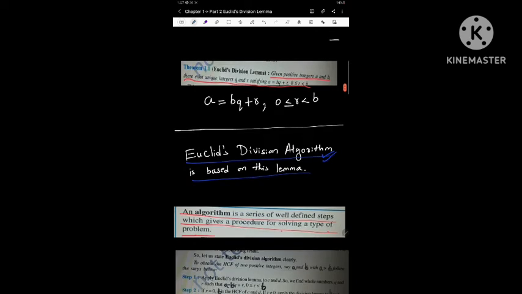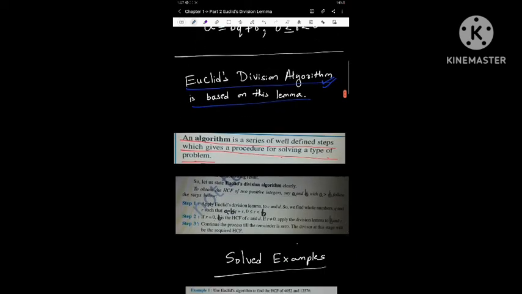Now let's see what they have given in the textbook about Euclid's division algorithm. They say that to obtain the HCF of 2 positive integers, say a and b, with a greater than b, follow the steps below. Step 1.